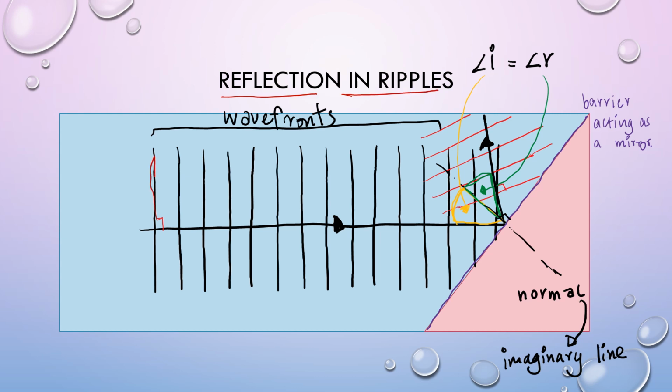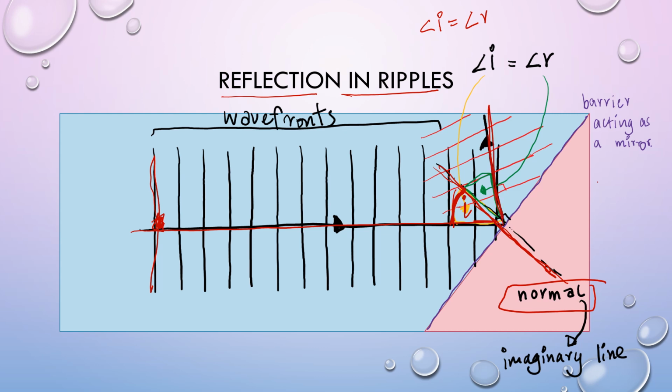Then we have reflection in ripples. Again, this should be perpendicular to the direction of the waves. Going like this, we have our imaginary line, the normal. What's happening this time is that the angle of incidence equals the angle of reflection. What this means is that from the normal, the angle formed over here is the angle of incidence.